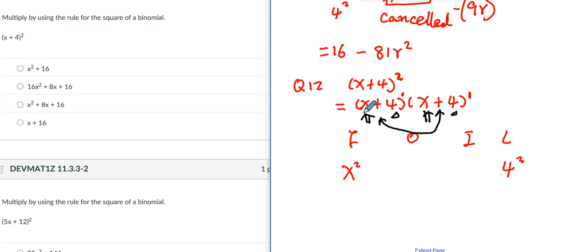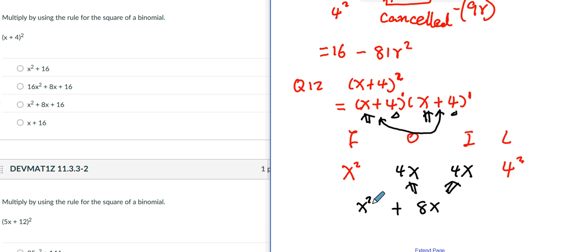So outer product is 4x. Inner product is also 4x. So once you see the two signs are the same, you basically double it. 4x, 4x, so you double 4x, you will get 8x in the middle.